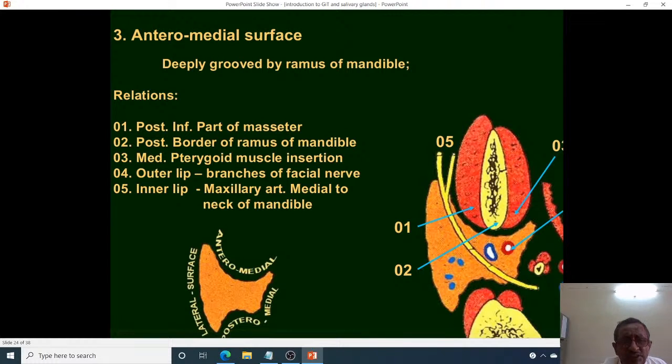Whereas the anterior medial surface is related to the masseter muscle and medial pterygoid muscle, the ramus of the mandible, and then we are seeing the branches of the facial nerve, and we are seeing the maxillary artery.